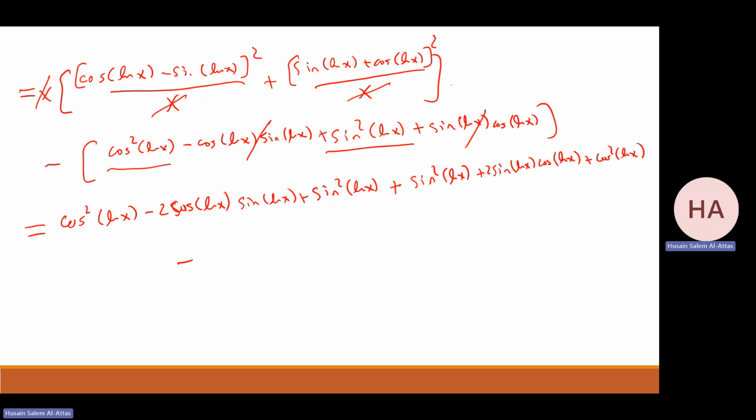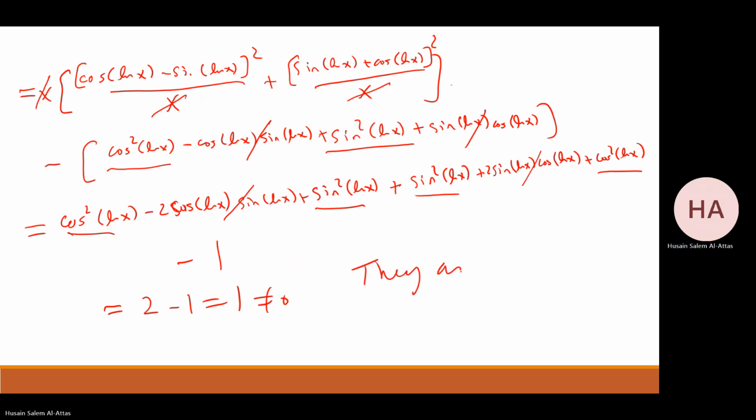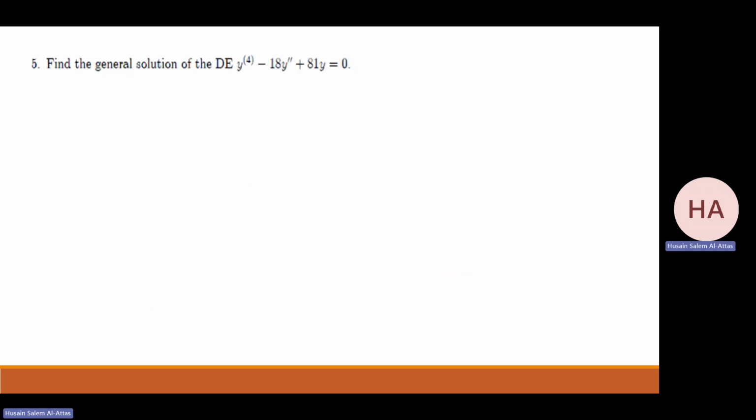Cosine square of theta plus sine square of the same theta will be 1. These cancelled. I have this plus this is 1, and this plus this is another 1. So I have 2 minus 1, which is 1. Not equal to 0, so they are linearly independent.